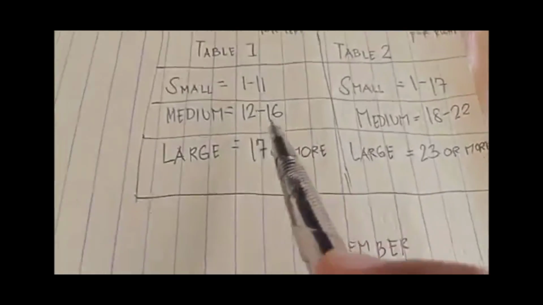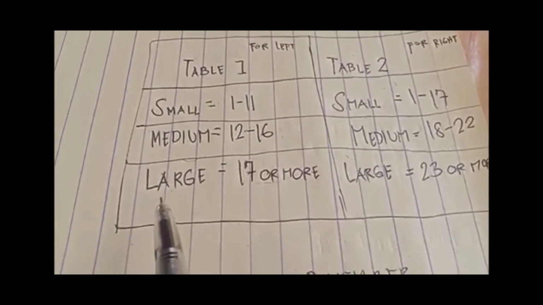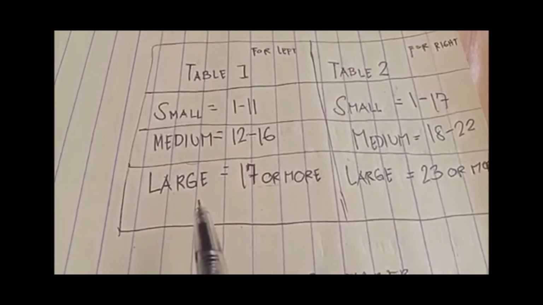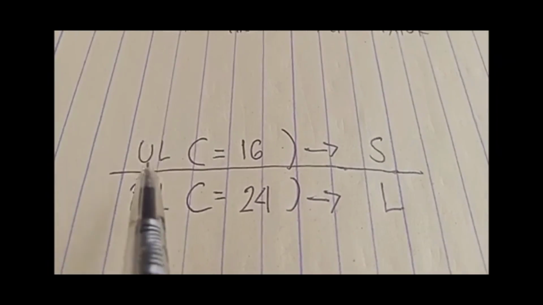It is 24, so clearly it has a symbol of large. So I wrote a capital letter L. And next is the right thumb. We have here the ulnar loop, and it has a ridge count of 16. So we will look for its symbol in table 2.